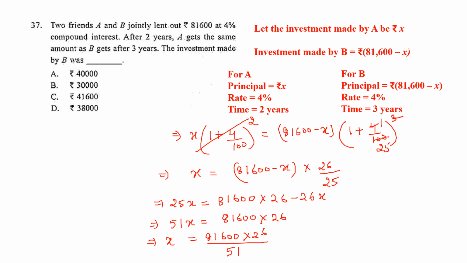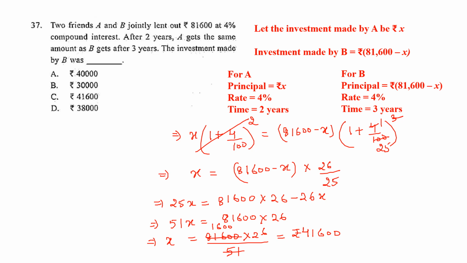Now you have to reduce it. If you divide 81,600 by 51, you are going to get 1600. So the value of x will be 1600 into 26, which will give you 41,600 rupees. So this was the investment made by A. But in the question, you have to find the investment made by B.